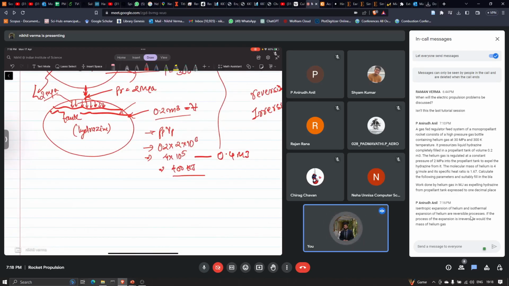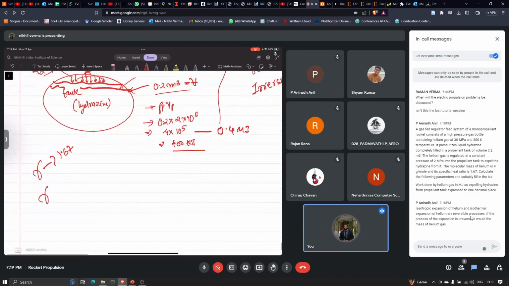It is polytropic, so it will not be adiabatic or isentropic, where your gamma is equal to 1.67. So it will change. The gamma for a polytropic process will be different, so based on that you can say either the mass will be higher or lower.